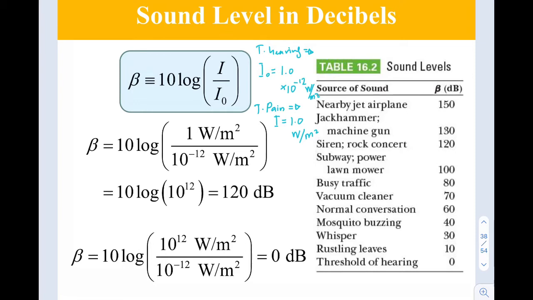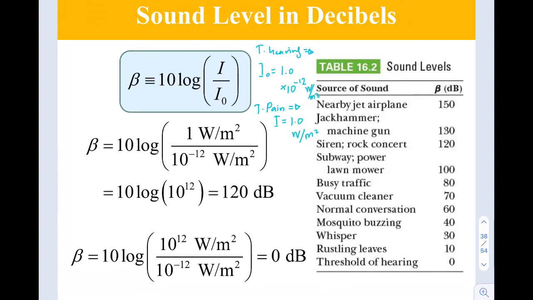The logarithmic scale here is named the sound level, symbolized as beta, in decibels. Sound level in decibels is defined as beta equal to 10 log of I over I naught.